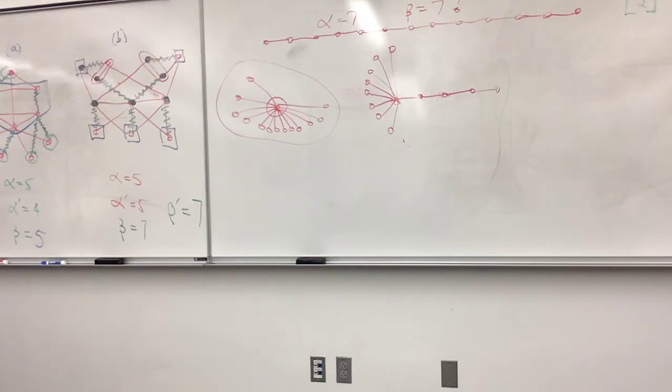So the vertex cover number is the minimum set of vertices that cover all the edges. That's one. So what about the edge cover?